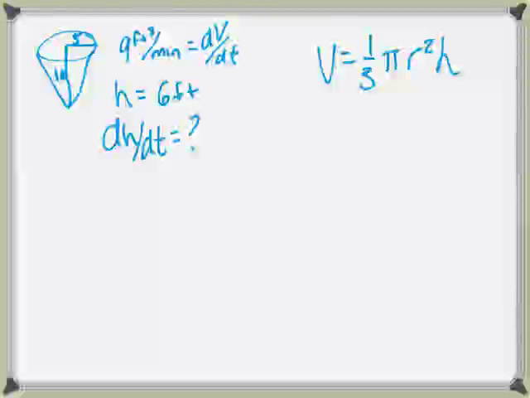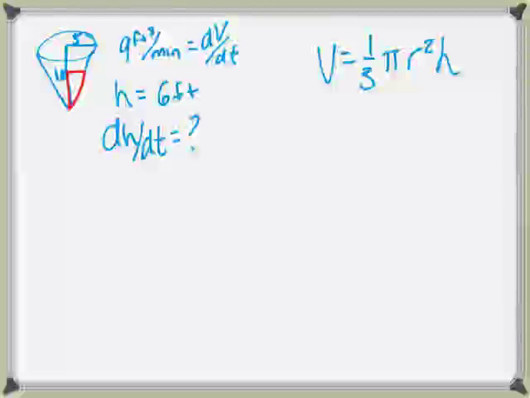A beautiful thing about cones is that they have a nice symmetry. We get some similar triangles here, studied in geometry. So if the full cone has a ratio of 1 to 2 for radius to height, any level will have that same ratio.